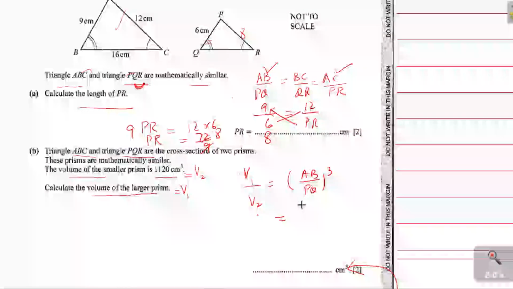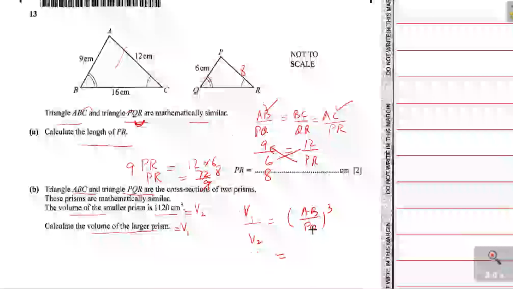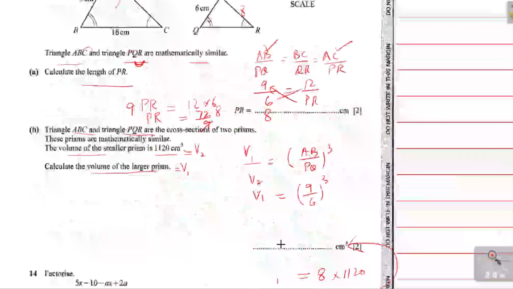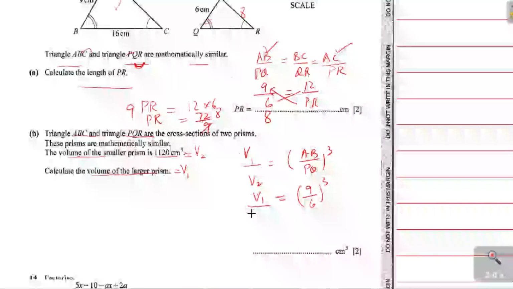Here the value of AB is 9 and the value of PQ is 6. Therefore, 9 over 6 cubed will be equal to V1 over V2, where V2 is the volume of the smaller prism. This is 1120, and we can write this as 3 3s are 9, 3 2s are 6.